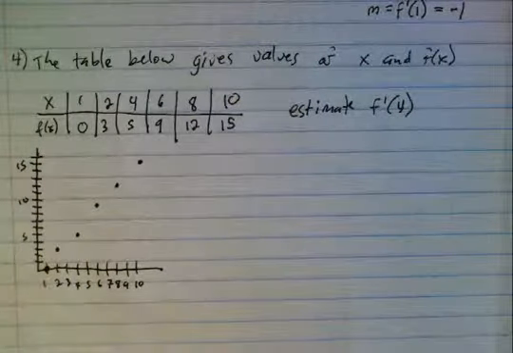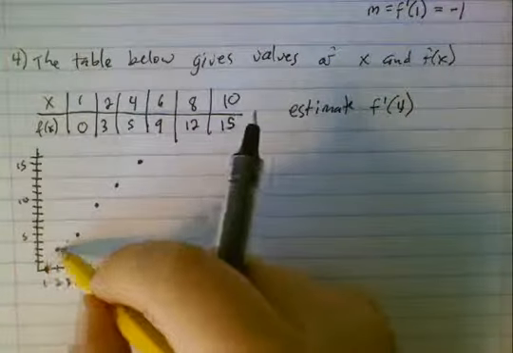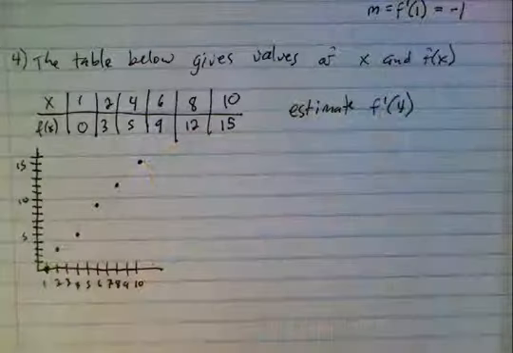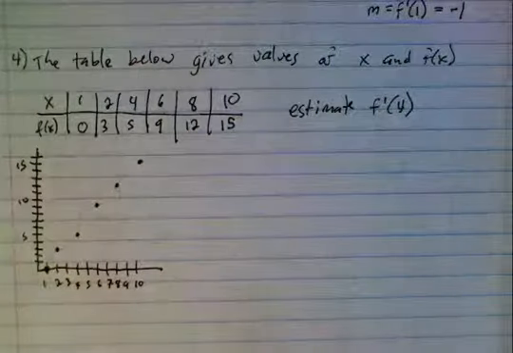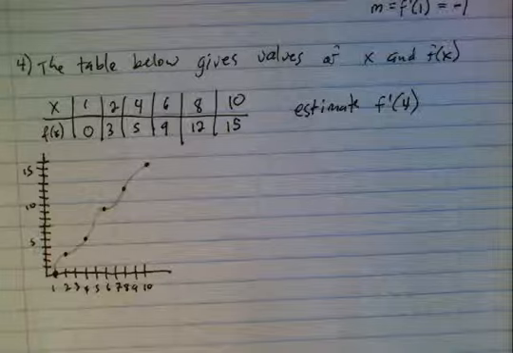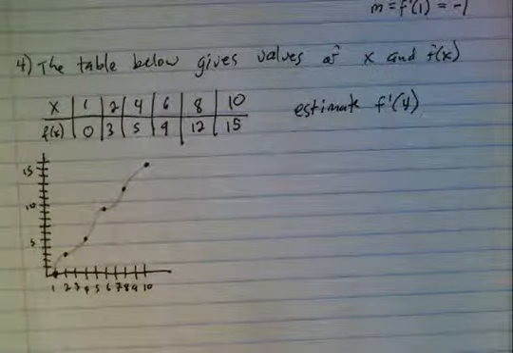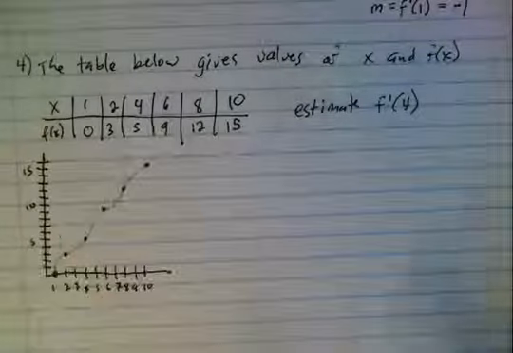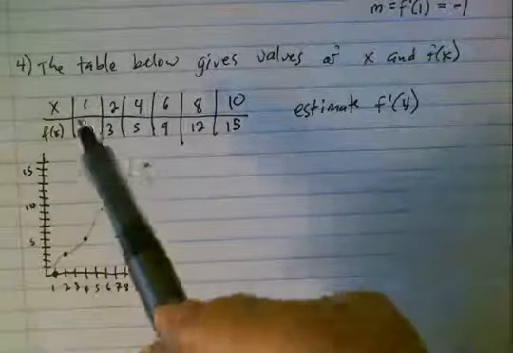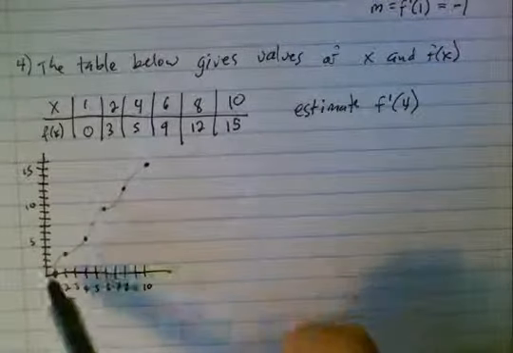Now, we have no idea what this actually looks like. It could be some completely radical, weirdo, sort of funky curve like that. Well, actually, that wouldn't be a function, but almost like that. Or it could go in some completely other different direction. We really don't know. But our best estimate of the slope of the tangent line at x equals 4 itself is going to be the slope of the secant line between the two nearest points.